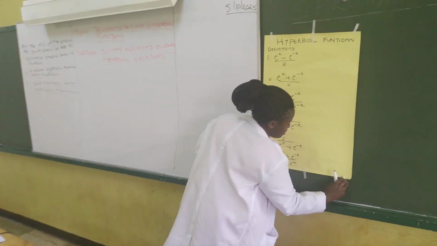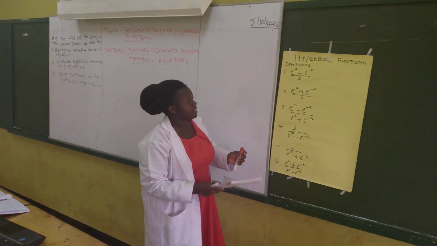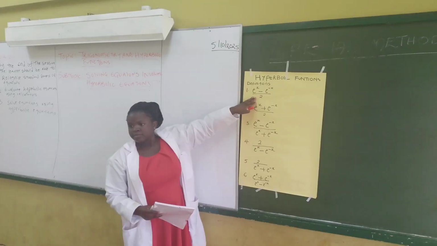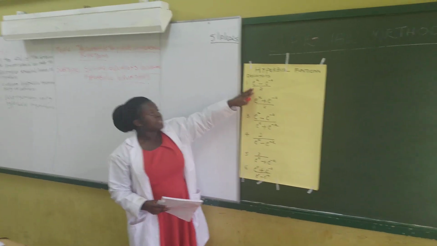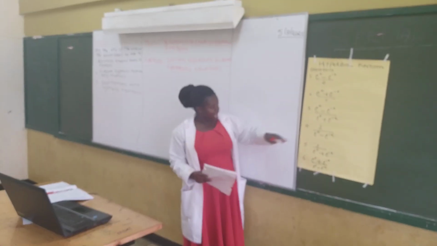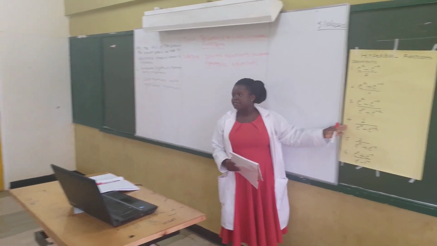So class, who can identify the first hyperbolic function? Yes, Sharon? That is sinh, correct? Who can identify the second? Yes, Nancy? Cosh, correct? Who can identify the third one? Tanh, correct?